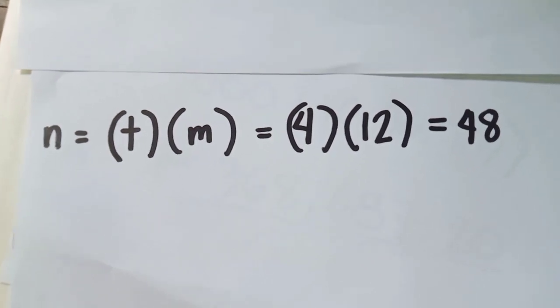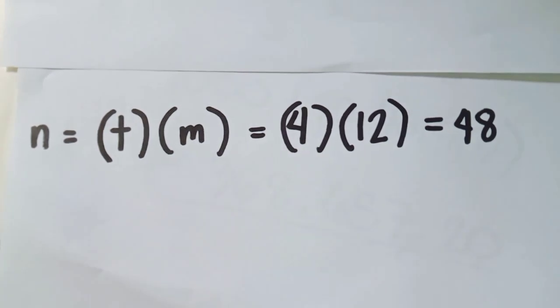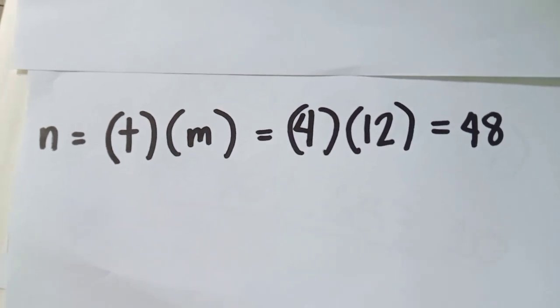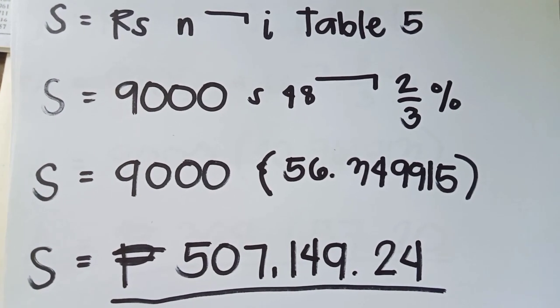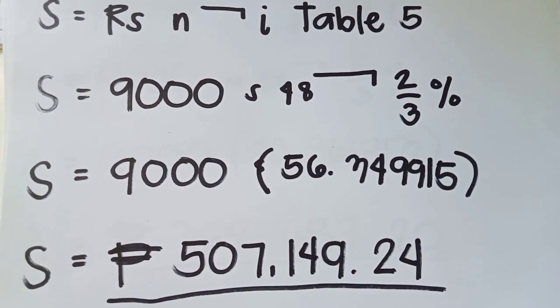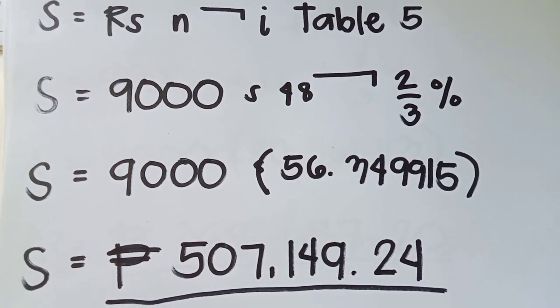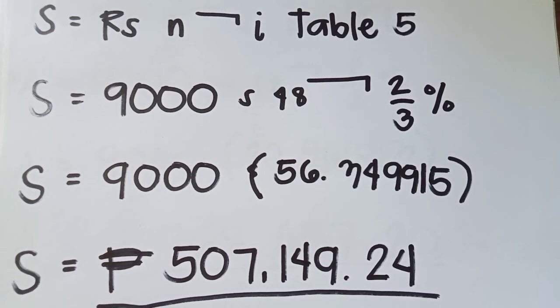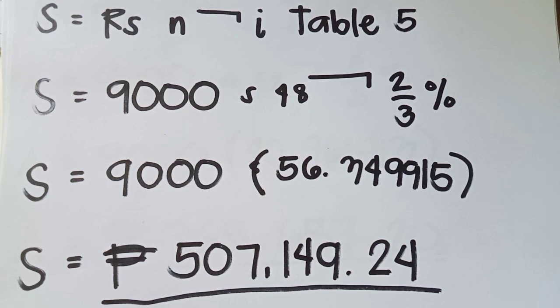4 times 12 is 48. So after the solving of I and N, we proceed to the solving of ordinary annuity.